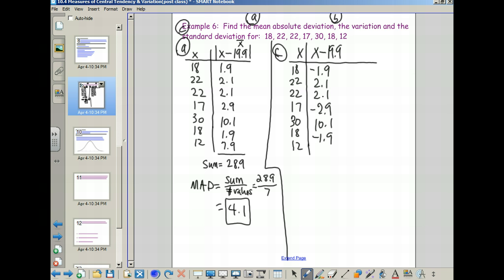And 12 rather is another negative 7.9. Good? Okay.